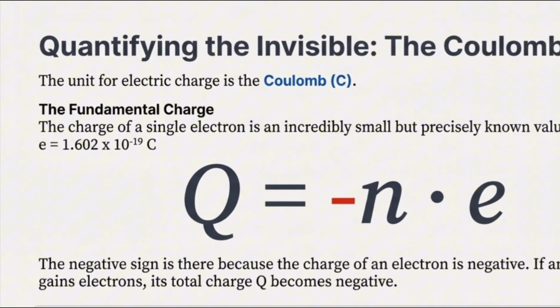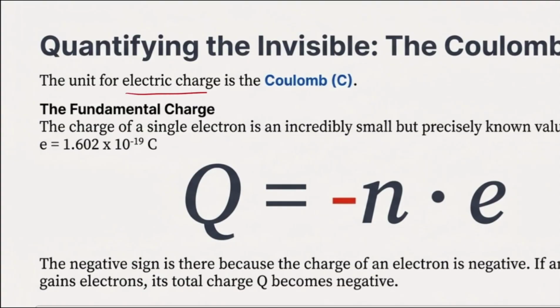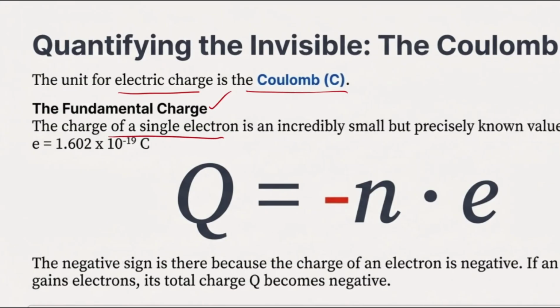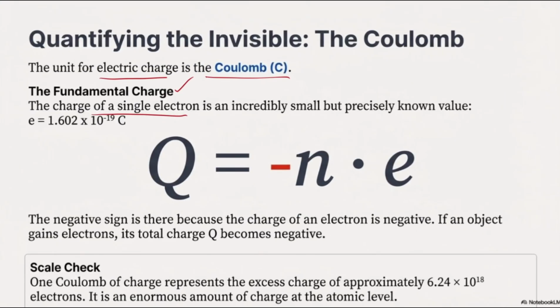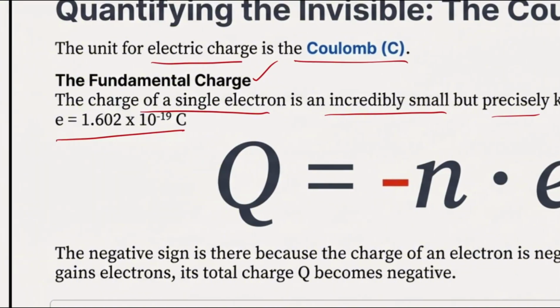The unit that we use for electric charge is something we call a Coulomb. And what is the charge of a single electron? Right now we are talking about a single electron, which is an incredibly small but precisely known value. We call it 1.6 times 10 to the power of negative 19 Coulomb.